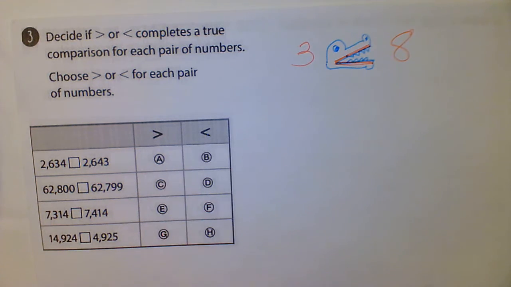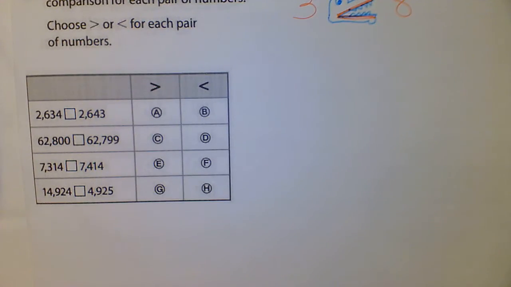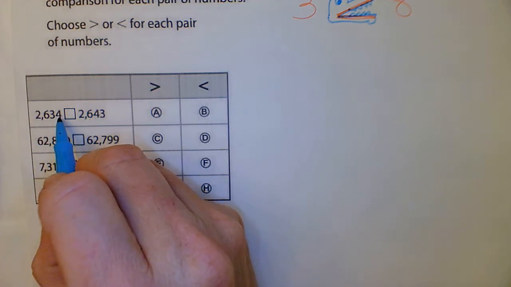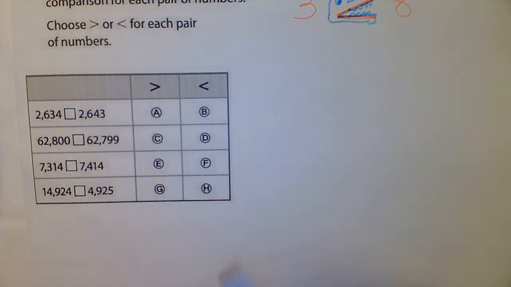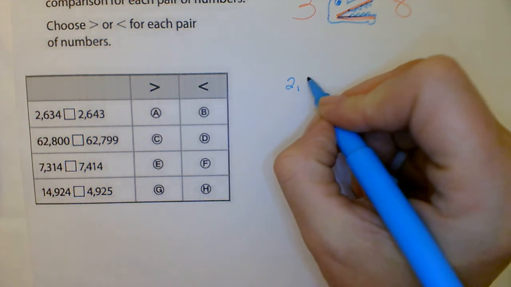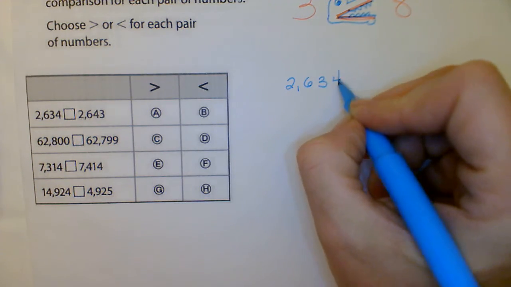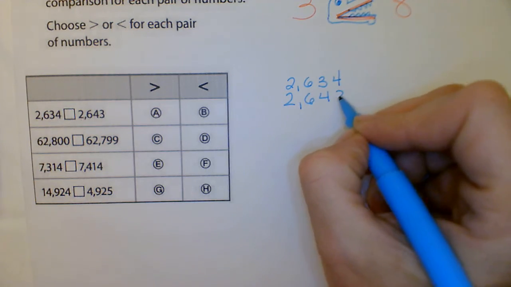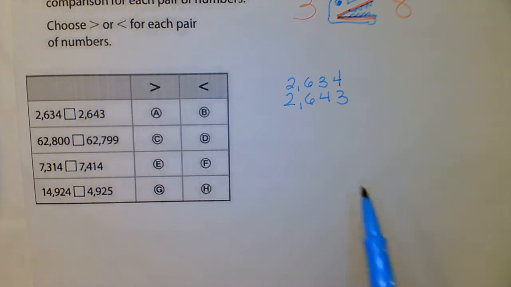Okay, so let's take a look at these and remember how we compare greater numbers. Let's look at these two numbers first. We have 2,634 compared to 2,643. The best way to do this, especially on a quiz, to make sure you get all of them correct, is to stack those two numbers. Remember, when comparing, we always start on the left.